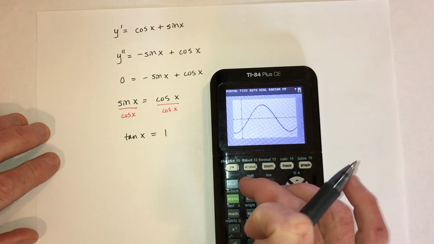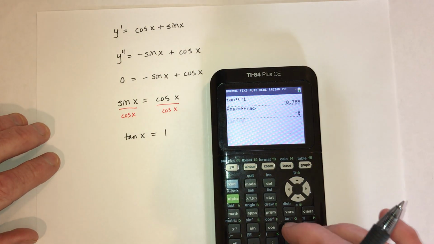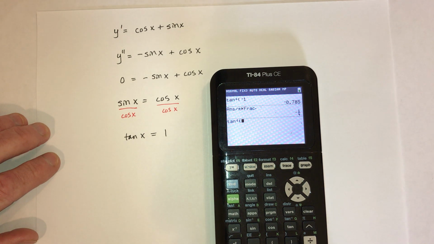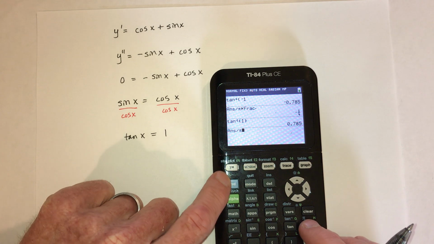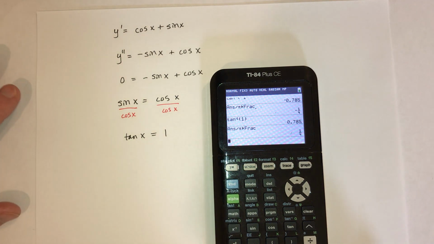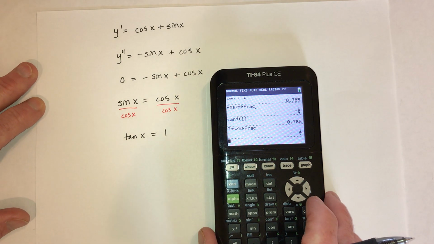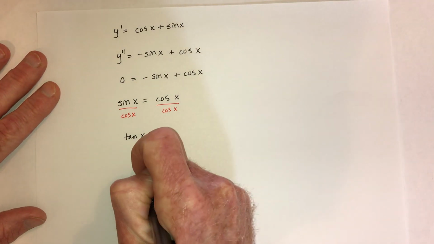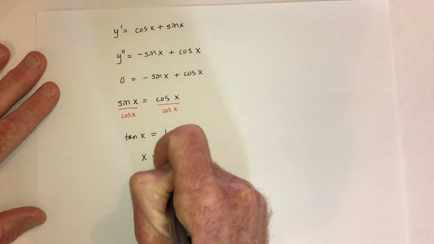And if you find tangent inverse of 1, divide that by pi, change it to a fraction. That's 1/4 of pi. So x equals pi over 4.